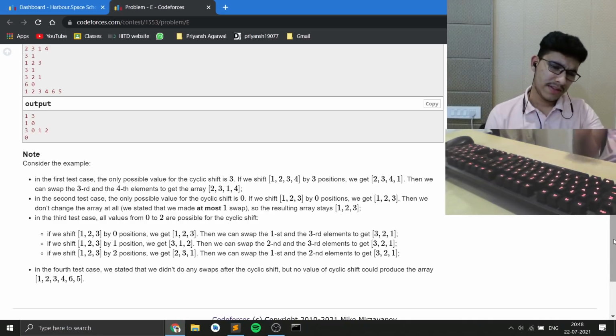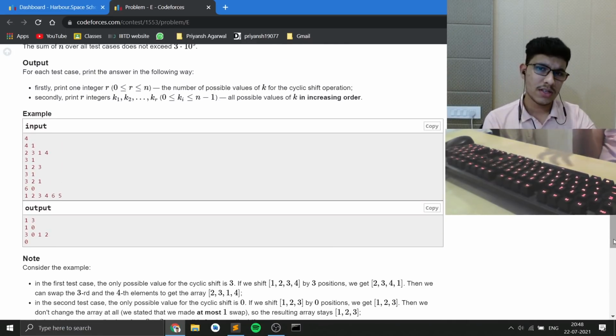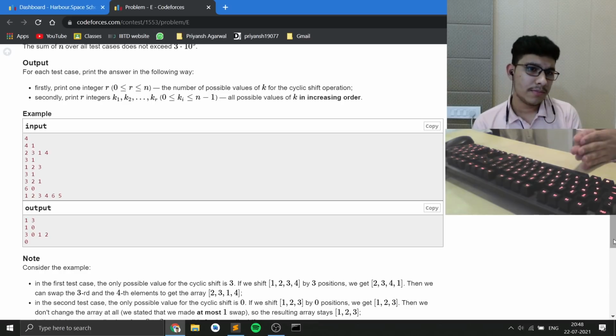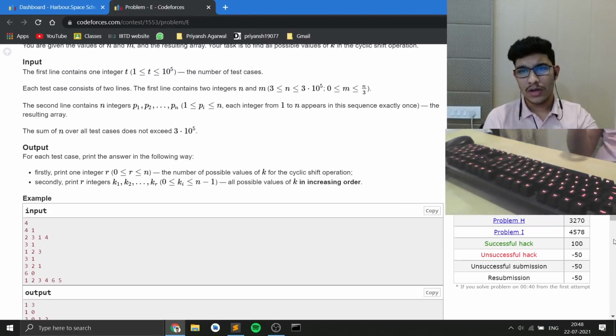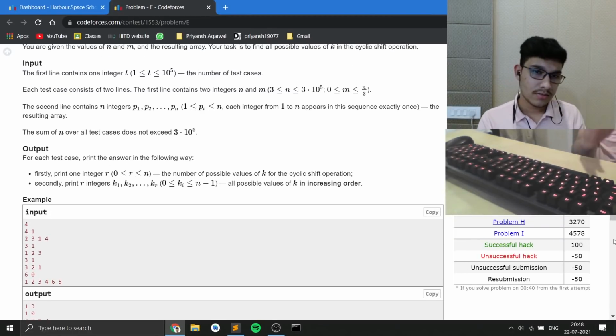Okay, so basically the answer is, if you consider those m swaps and you just reverse them, we can basically swap m pairs now. So if we just swap them and we get to a permutation, I mean a cyclically rotated permutation, that is one of our answers.